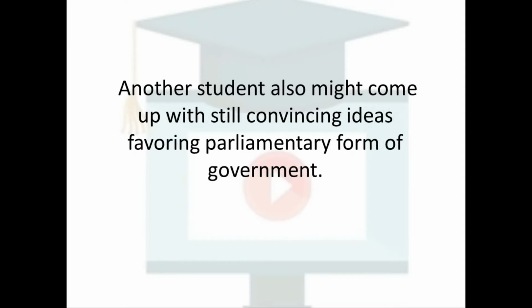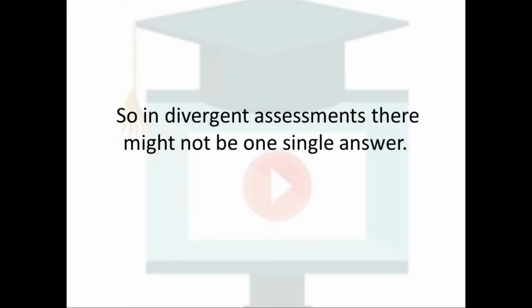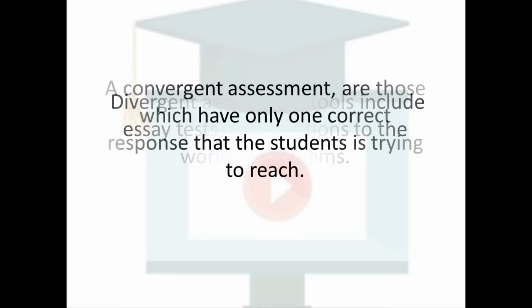Another student also might come up with still convincing ideas favoring parliamentary form of government. In both cases, the answers are different but convincingly correct. So in divergent assessments there might not be one single answer. Divergent assessment tools include essay tests and solutions to the workout problems.